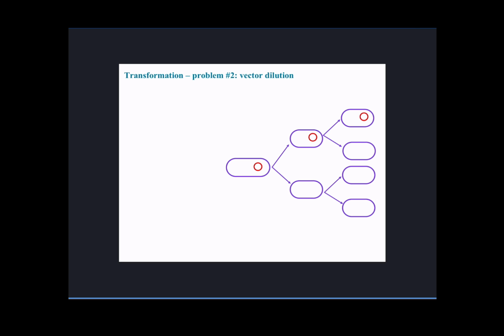That's a problem that we call plasmid dilution. As the bacteria divide, the plasmids stay in only one of the daughters, and before you know it, after 5 or 6 or 7 rounds of division, only 1 out of 64 of your bacteria have the plasmid.